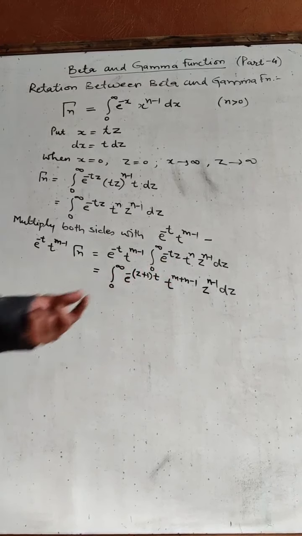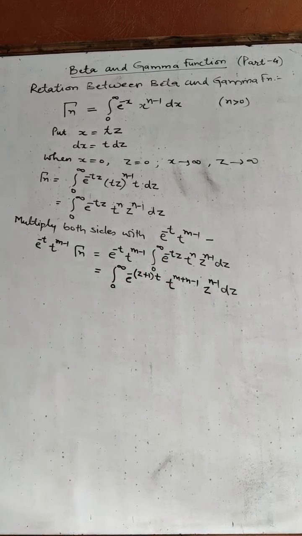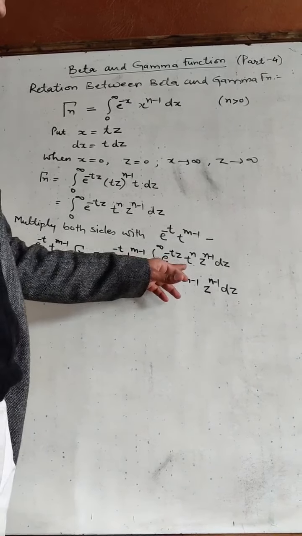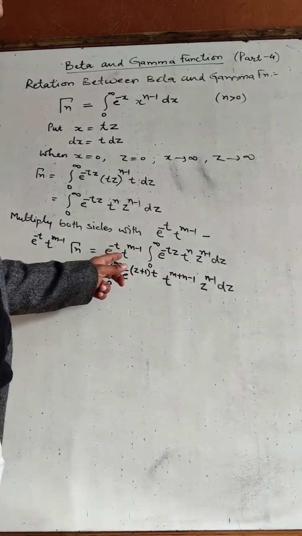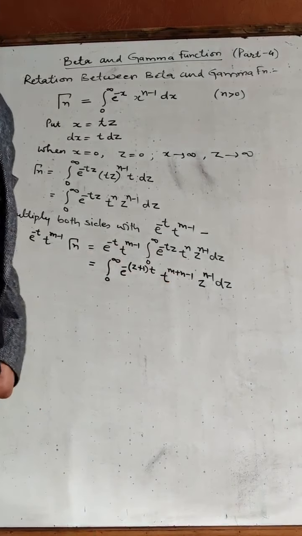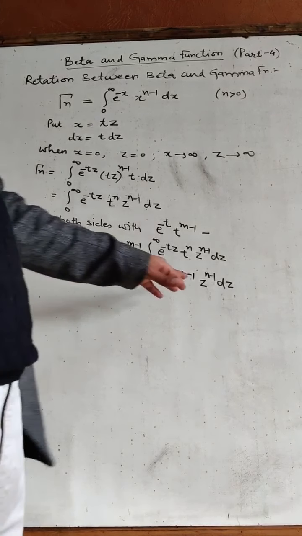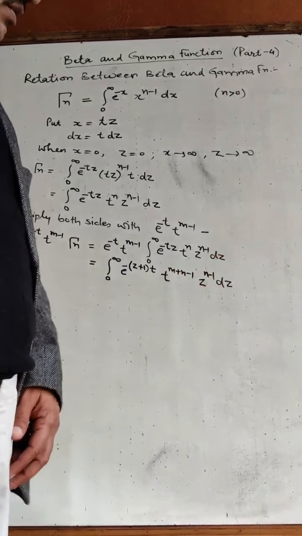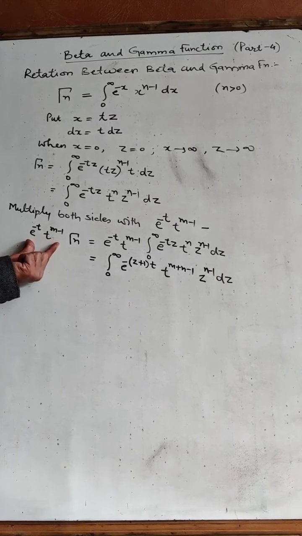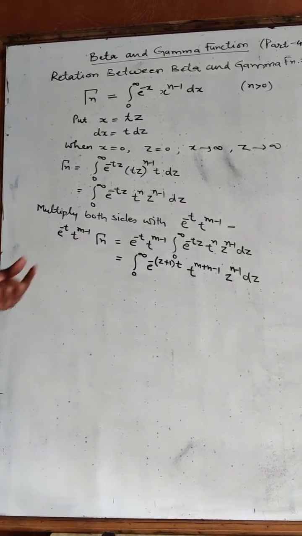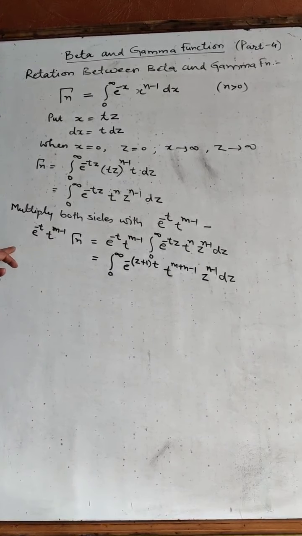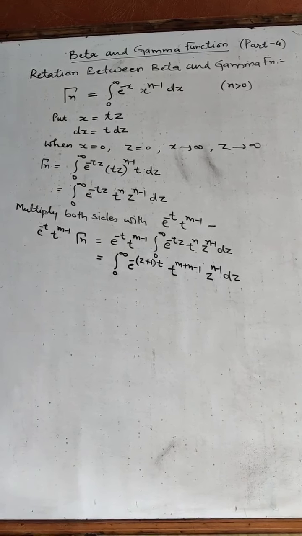We combine them and write e raised to the power minus (z plus 1) t. Again, t raised to the power n was already there, and we multiplied with t raised to the power m minus 1. So we get t raised to the power m plus n minus 1, z raised to the power n minus 1 dz. Now, to convert this term into the form of a gamma function, we will integrate with respect to t with the limits 0 to infinity.